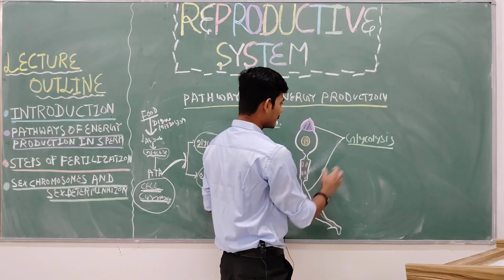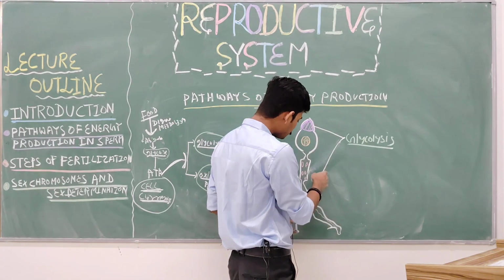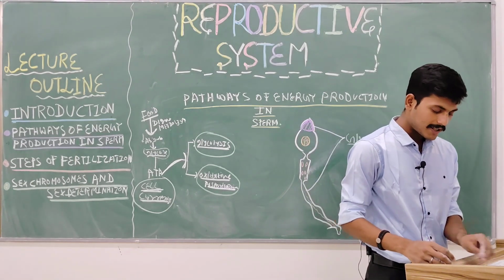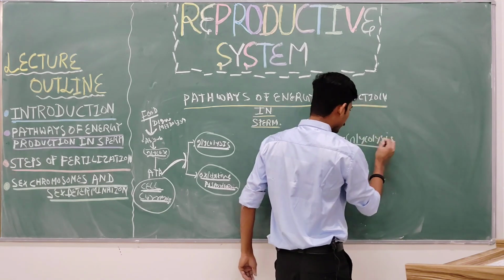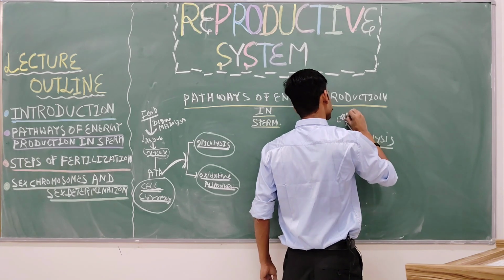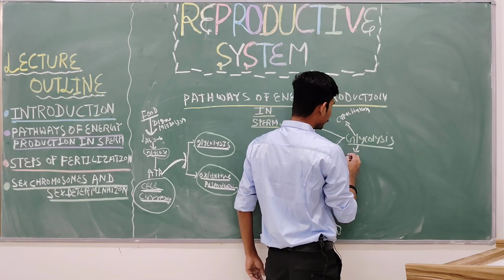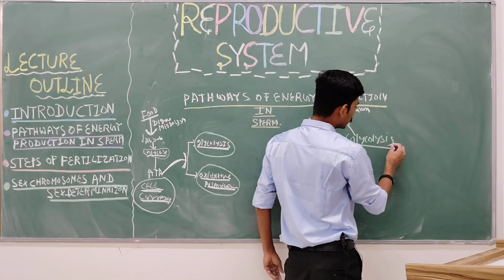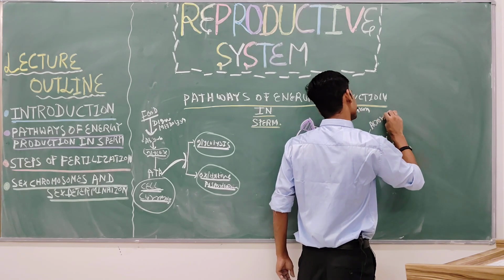So glycolysis is happening in the head portion and the central portion of the tail. By this glycolysis there is a production of ATP, which maintains three things. First, capacitation. Second, motility. And the third thing is the acrosomal reaction.